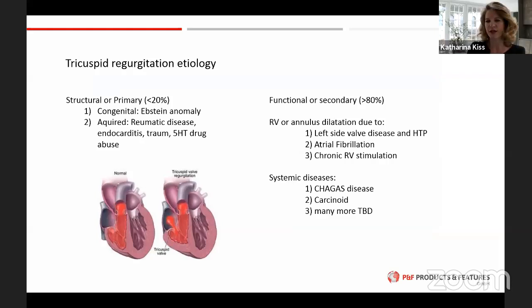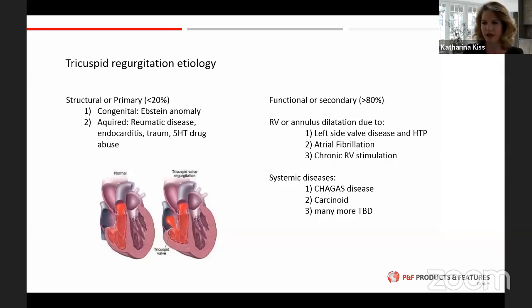If we look at etiology, we will be mainly targeting patients with functional or secondary TR. So if we look at the etiology, then the main patients we will be targeting is, of course, patients with functional or secondary TR, which represent more than 80% of the patient population.